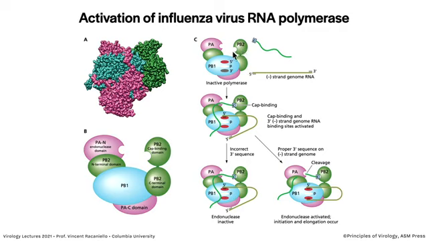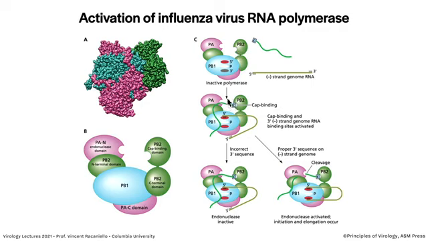So what happens is we have our viral negative strand genome RNA, which needs to be copied. That binds to the PB1 subunit via a specific sequence at its 5' end. You can see there. At the same time, the cellular capped mRNAs that need to be cleaved bind to the endonuclease, which is PB2, which you can see there.